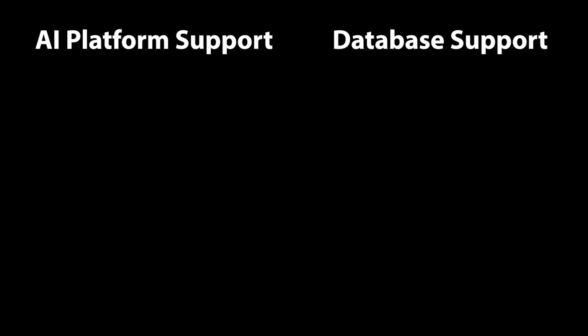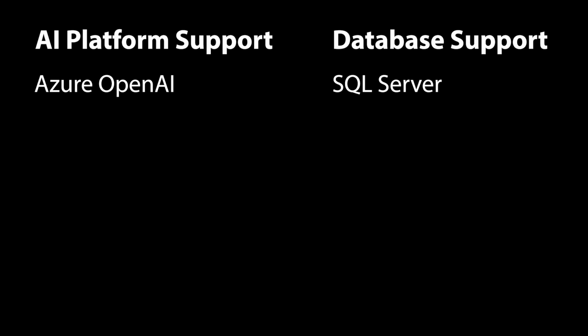Now, version 4.0 of DBChat Pro is 100% about expanding which AI platforms and databases are supported right out of the box. So originally, this app was designed to connect to Azure OpenAI and SQL Server databases by default, and it of course still supports that scenario.